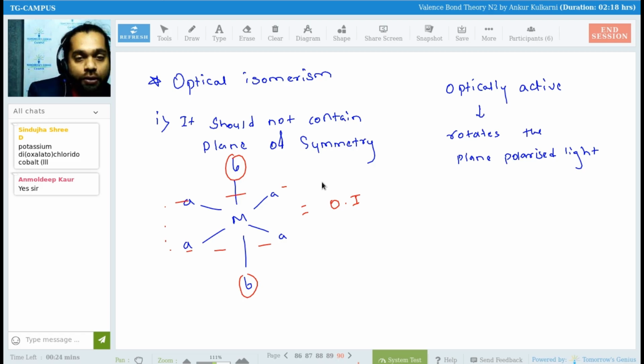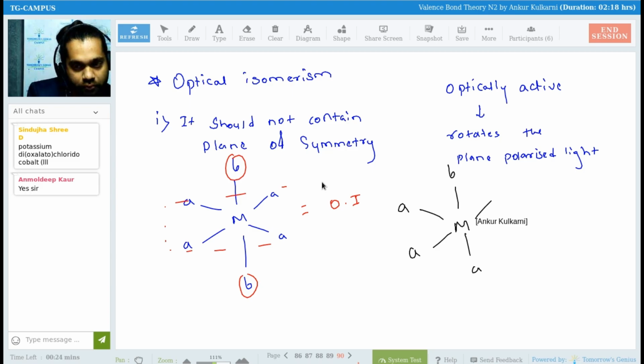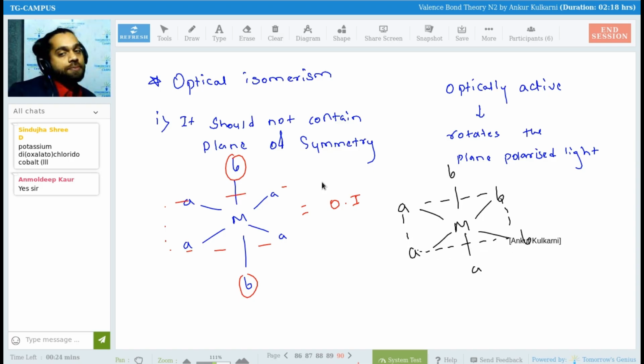Suppose I have a complex like this, look over here, Jason. Will this be optically active or inactive? Yes, optically active. Because if I cut from the bottom, it is unsymmetrical.